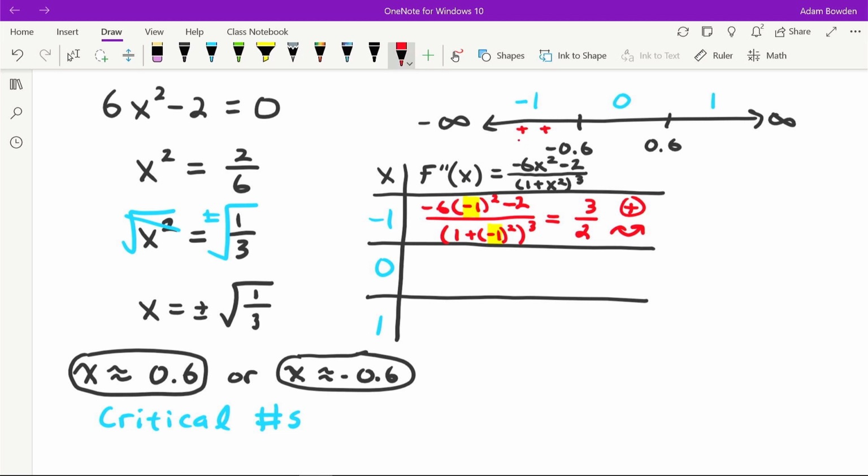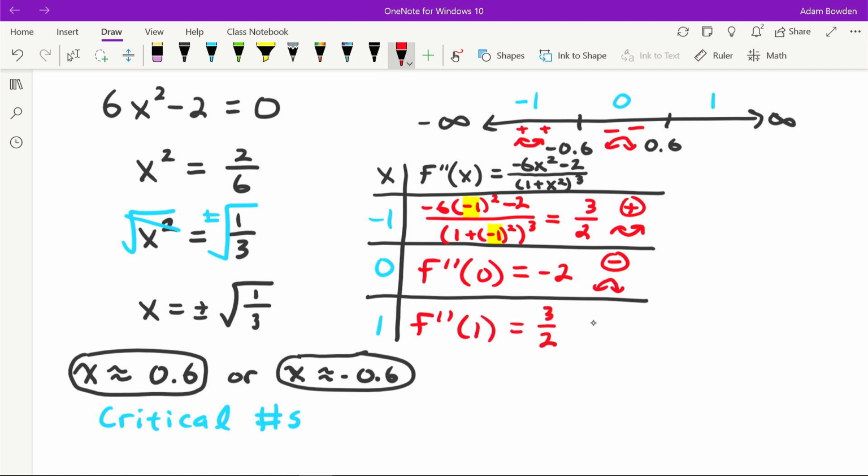Now for the value plugged in of 0, in the second derivative, it'll be equal to negative 2. A negative number means concave down again. And then finally, if we plug in the number 1 into the second derivative, it came back to positive 3 over 2. So back around to concave up again.